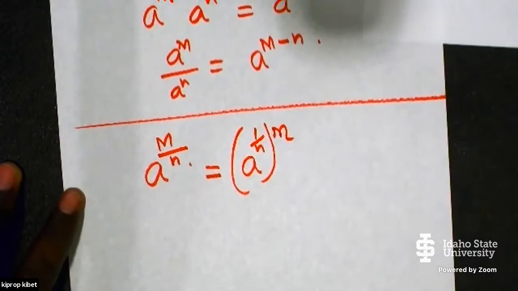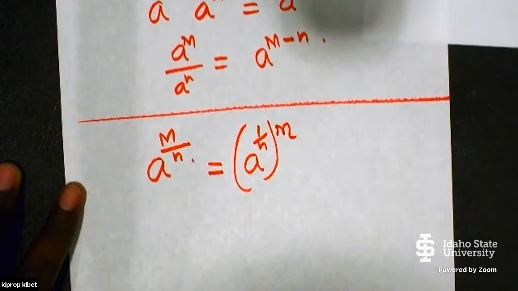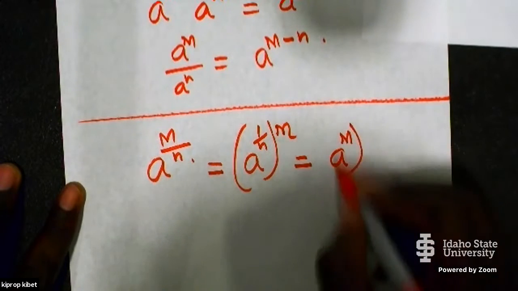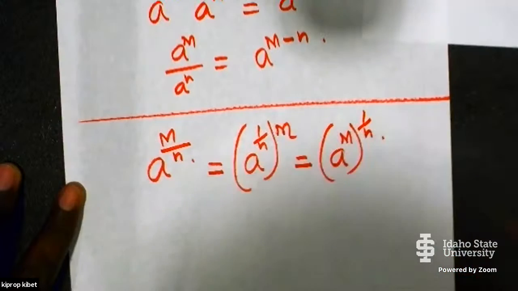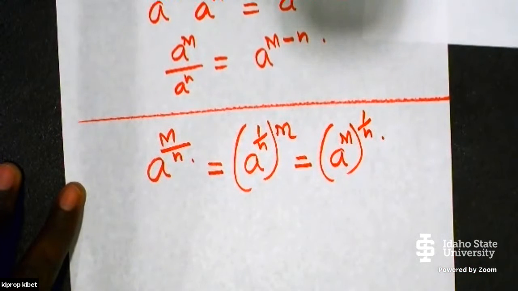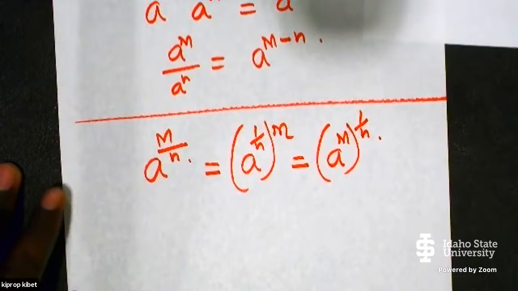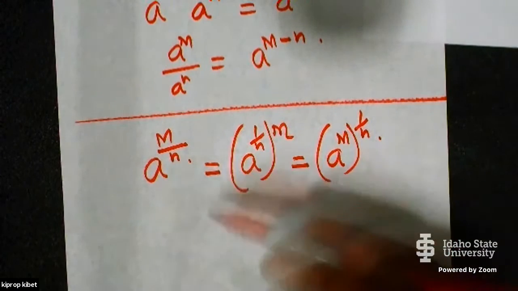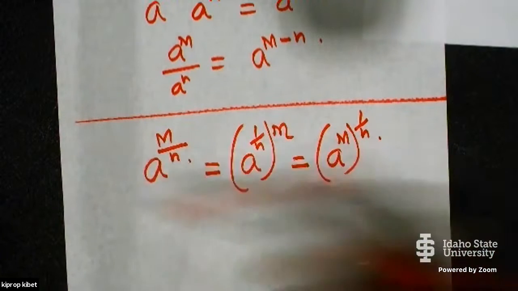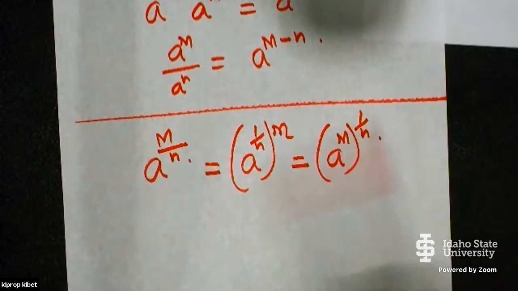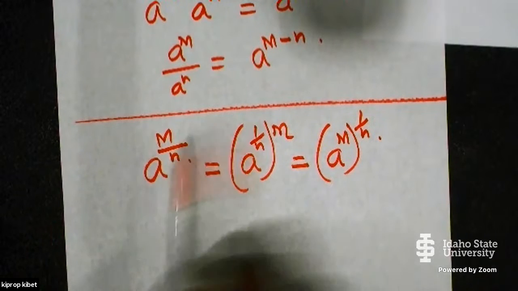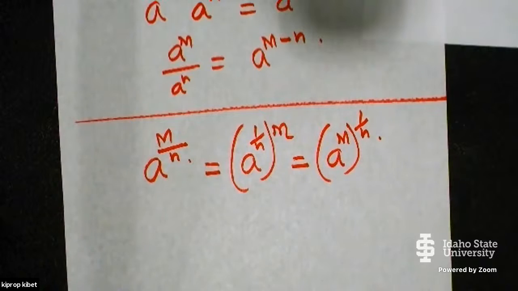Raised to M, right? This is also similar to A raised to M and then raised to what? 1 over N. So if you use the power property, where we are multiplying the powers, we can factor out the M there, we can factor out the 1 over N. That is similar to that.